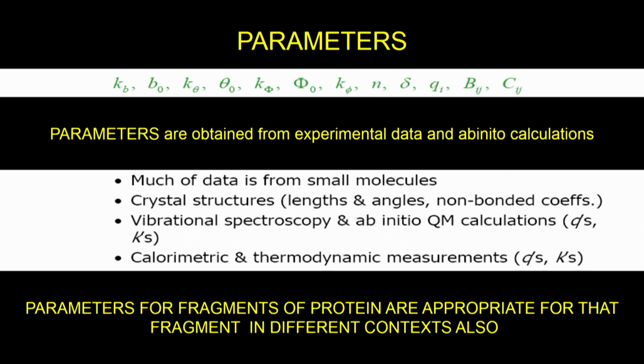So whether it is in a small molecule or in a large molecule, we assume the same parameters, that is a very important approximation. So much of the data is from small molecules.